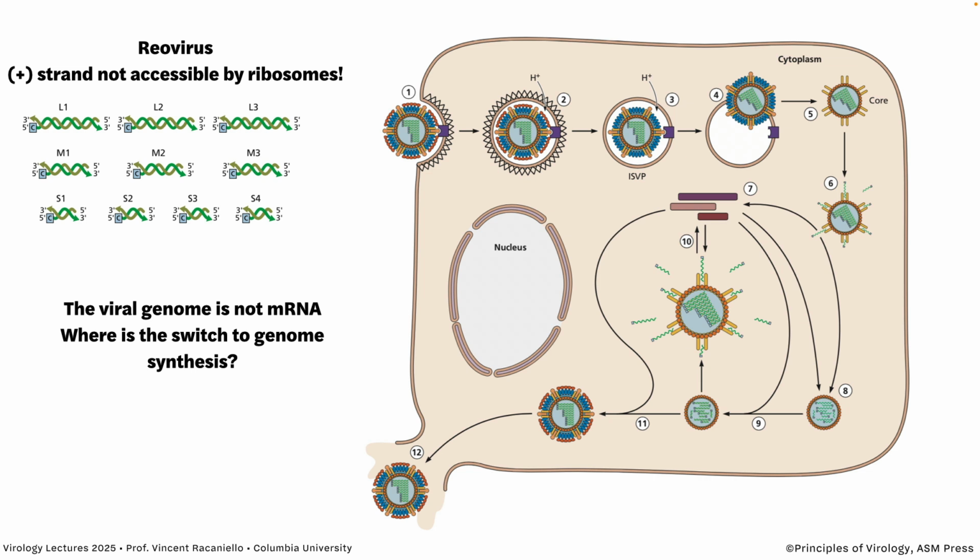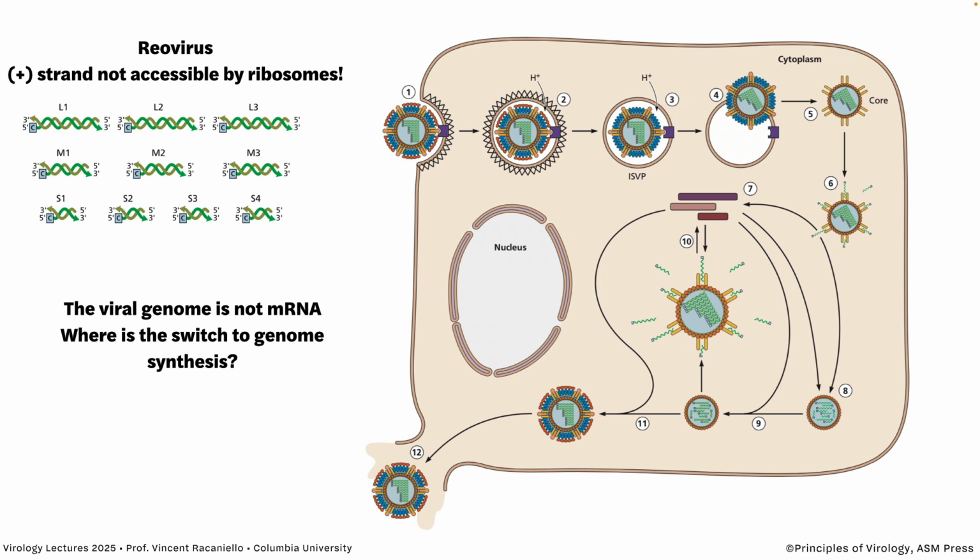So that's shown here. The particle is taken up by endocytosis. The outer shell is stripped off, and you end up with a core in the cytosol that has the outer shell completely stripped off, but of course is full of double-stranded RNAs. Those double-stranded RNAs stay in the particle. They never leave.